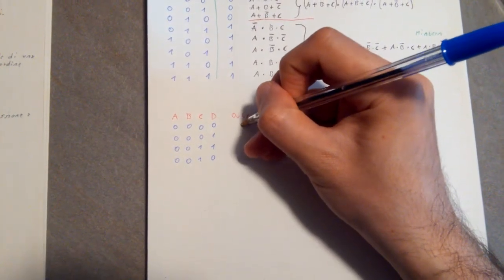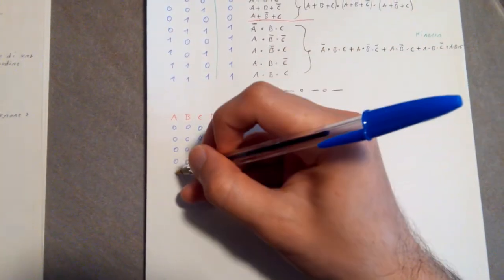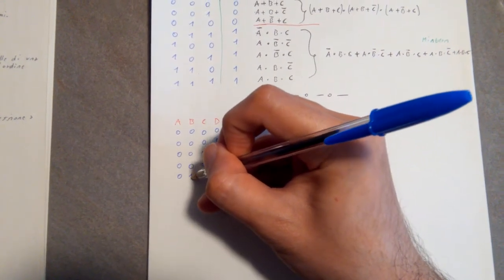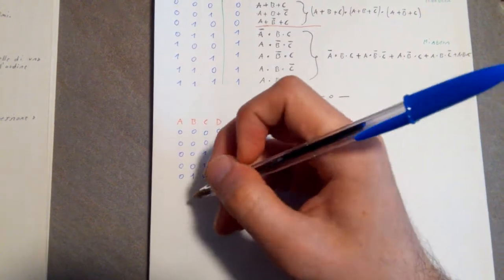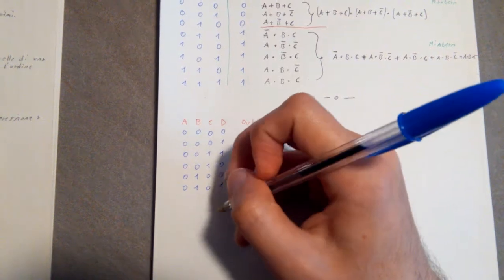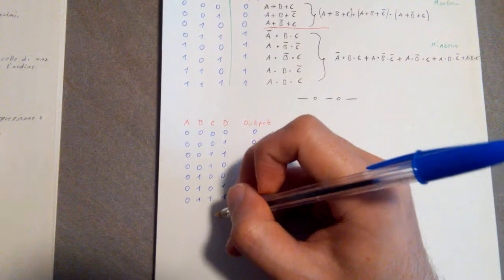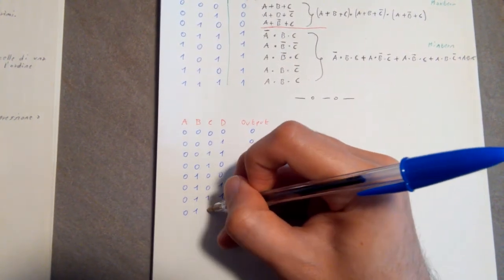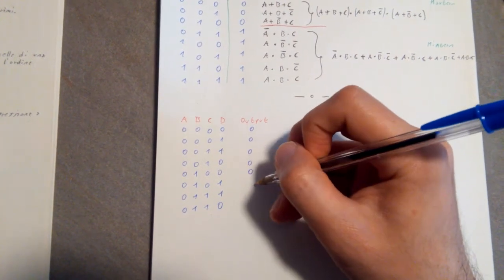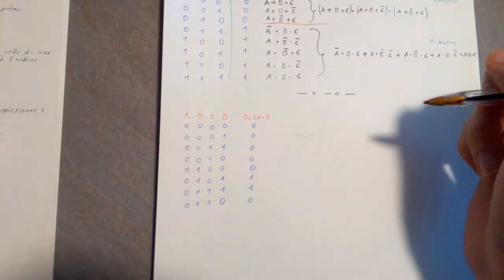And let's suppose that our output in this case is 0, 0, 0, 0. And then we can go on and do all the other combinations. So 0, 1, 0, 0; 0, 1, 0, 1; 0, 1, 1, 1; 0, 1, 1, 0. And I can say that in this case the output combination is 0, 1, 1, 0.